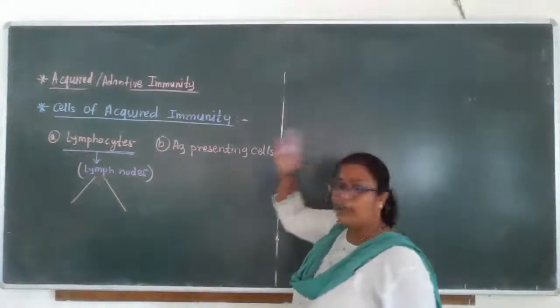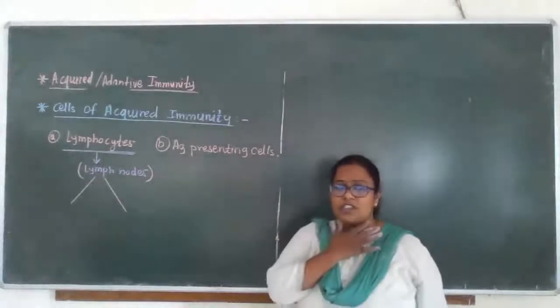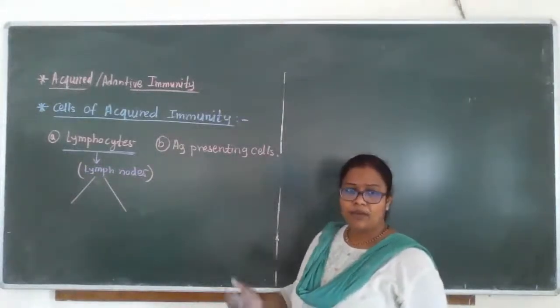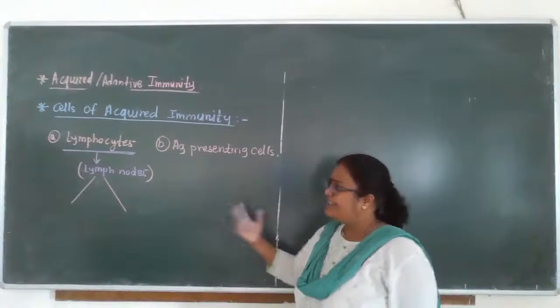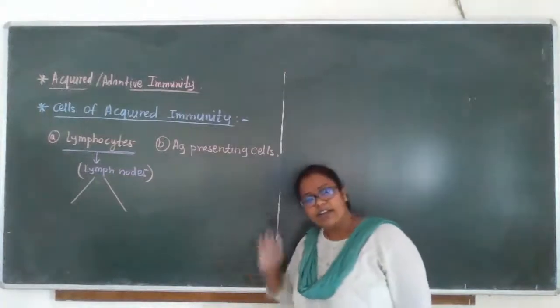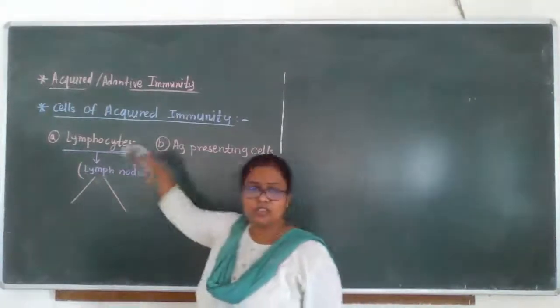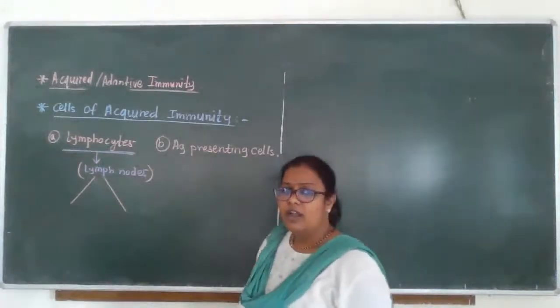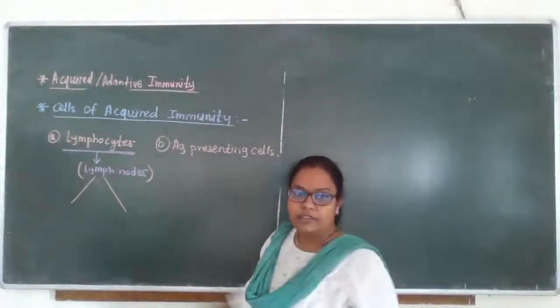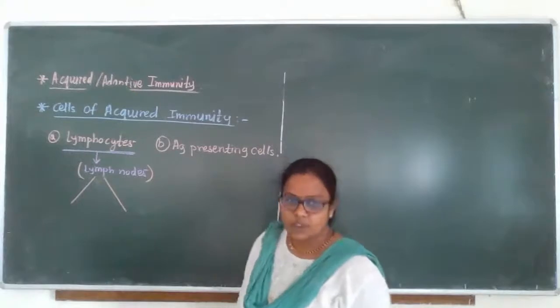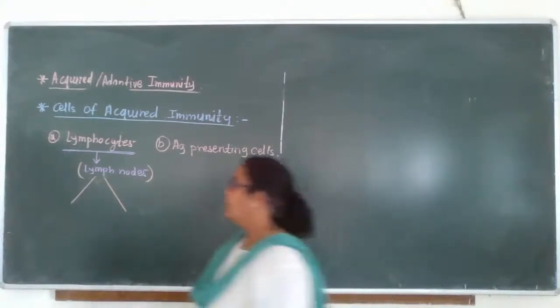There are also some lymphatic organs, like tonsils, spleen, and Peyer's patches. So lymphatic organs as well as lymph nodes are responsible for the production of lymphocytes. And lymphocyte is a type of WBC, as everyone knows.